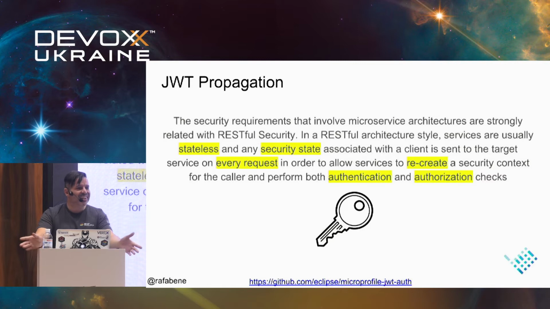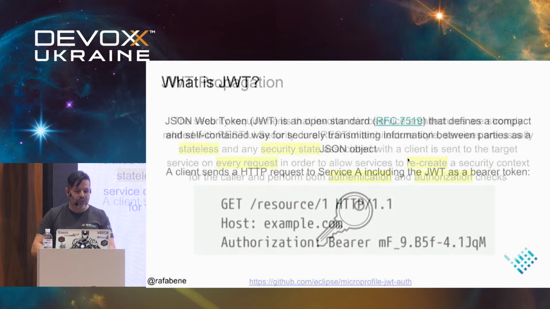JPA, JTA, JSF, we have JUnit, like the tools. But JWT is JSON Web Token. So when I started to study JWT, I realized that it's not related to Java, but it's related to JSON.